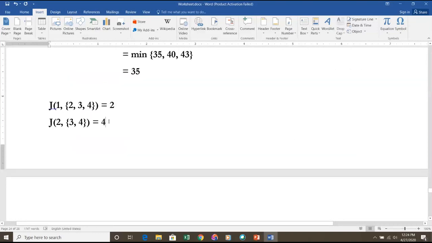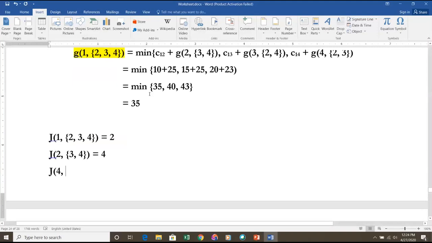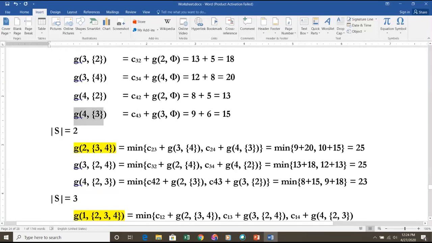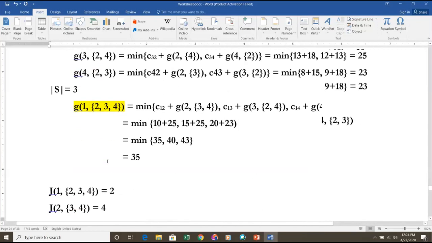Next, j of, now you start from 4. Starting from 4, there are two sub problems: one is to 2, other one is to 3. From 4 to 2, the vertex 2 is already chosen. Therefore, the only remaining option is 4 to 3. So from 4 it has to reach 3.